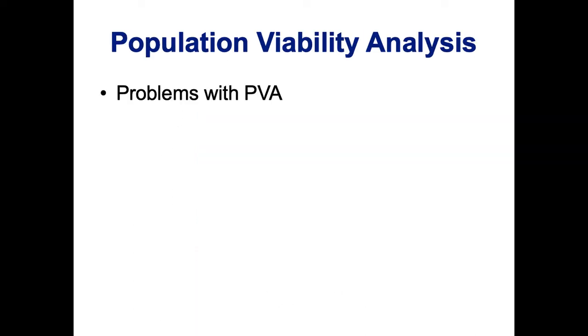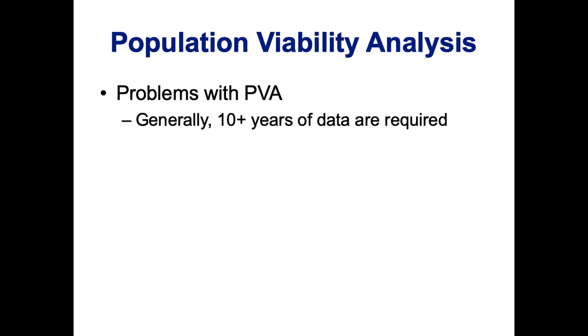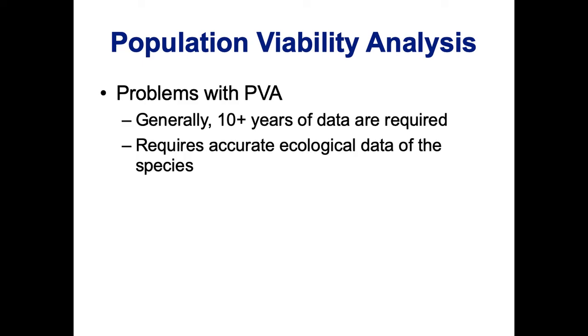All right, so problems with population viability analysis. Generally, you need a lot of data. You need at least 10 years of data to build a good population viability analysis. It requires accurate ecological data for the species. And I mentioned before that there is not a lot of good funding for natural history information.